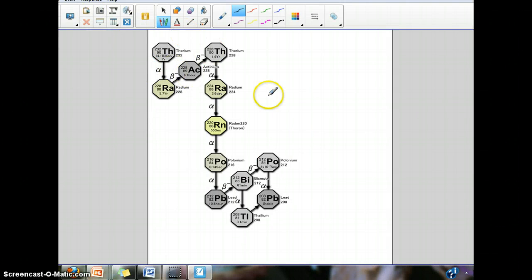Okay, now lastly, let's say I was going to be lazy and I didn't want to figure out all of this stuff. Okay, let's try to write a balanced equation to represent this decay chain. Okay, so first off we have thorium 232 and 90. So I'm going to write that out real quick.